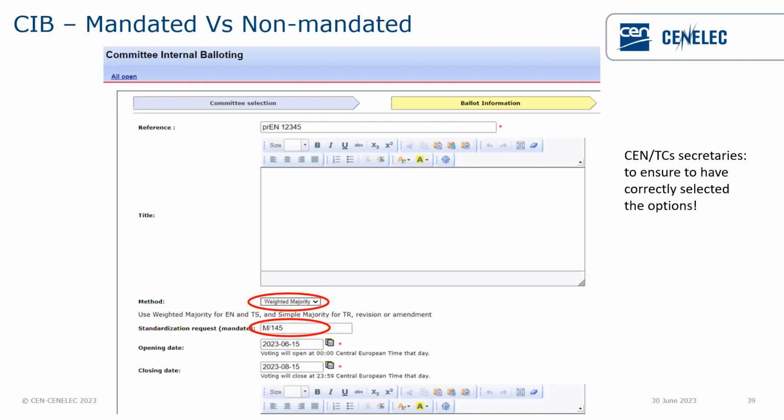So weighted majority will be the option when launching the vote for an EN and TS, and the revision of an EN modifying the scope of the previous EN, and instead the secretaries will select the option simple majority when voting on TR and on amendment and revision of EN not modifying the scope.